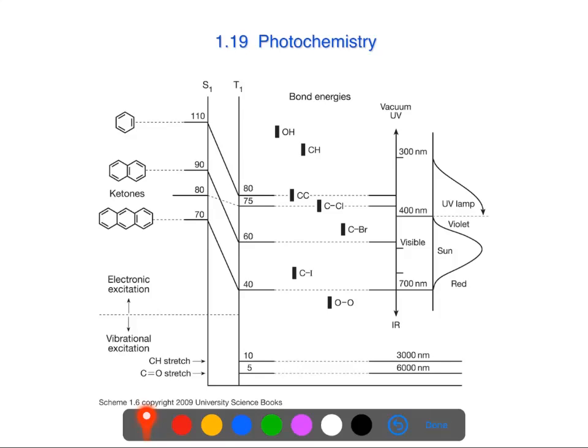In addition, this figure reminds us that once we get out of our photochemical range and enter into the infrared region, we start to move away from electronic excitations within molecules and more or less are inducing vibrational excitations in molecules.